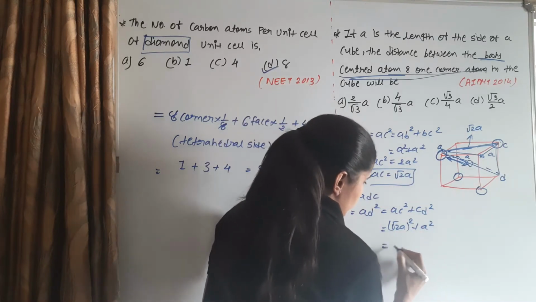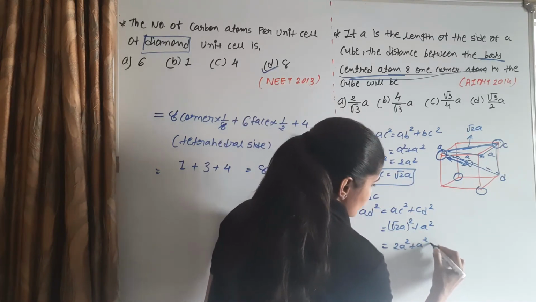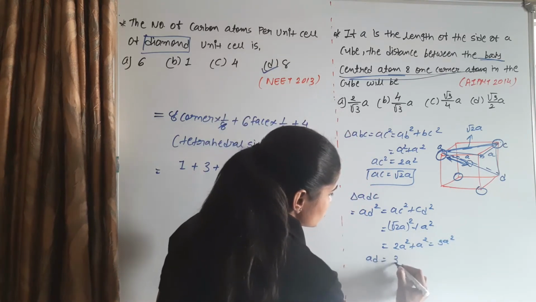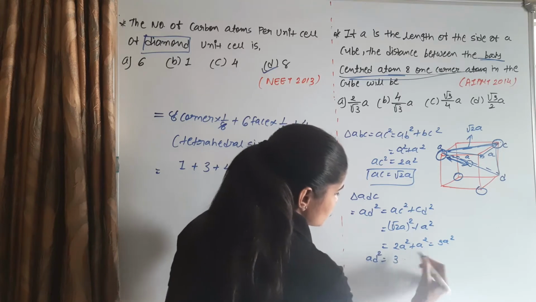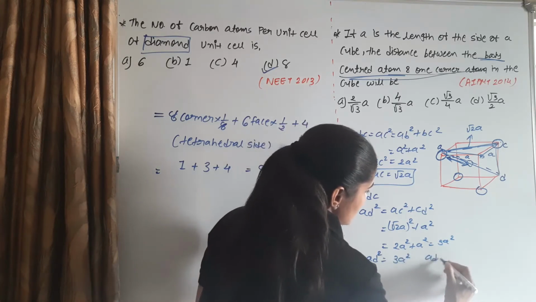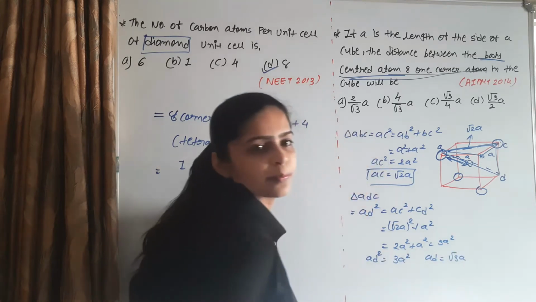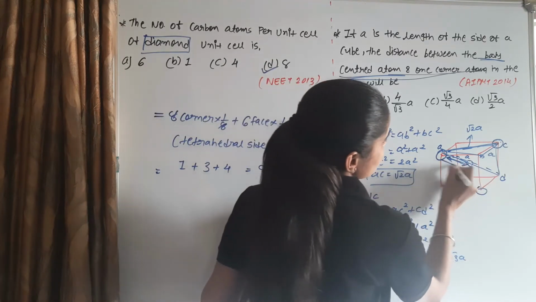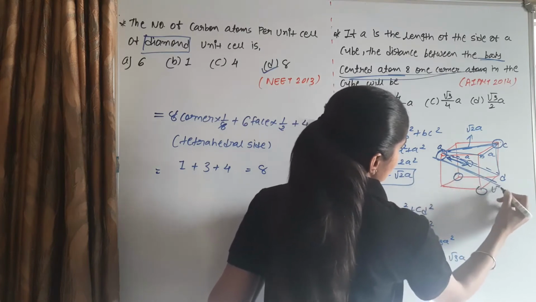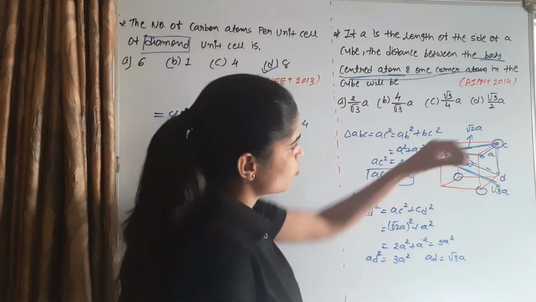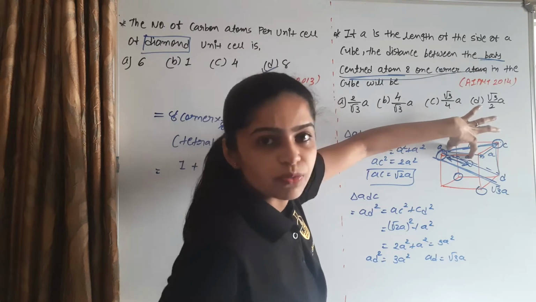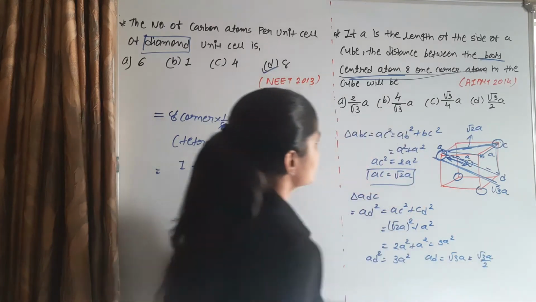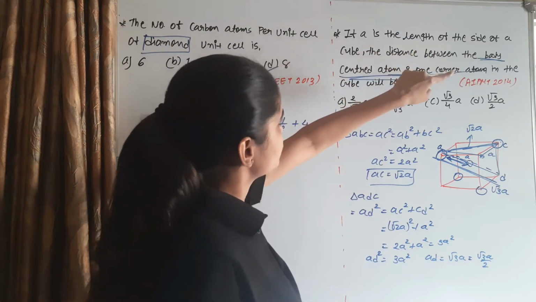This is the total body diagonal, but we need half of this total value. So the distance is √3 a / 2, where a is the length of the side of the cube.